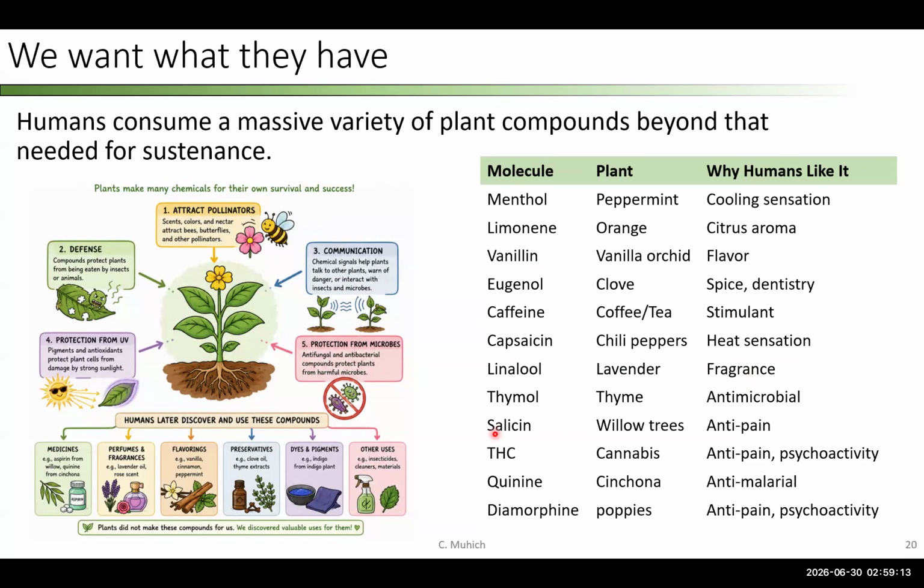We like salicin, which comes from willow trees because it's anti-pain. We can use other things like THC, morphine for their psychoactivities, things like quinine for its anti-malarial properties. This is just a small set of the many, many different uses to which we can put plant and plant-derived compounds.